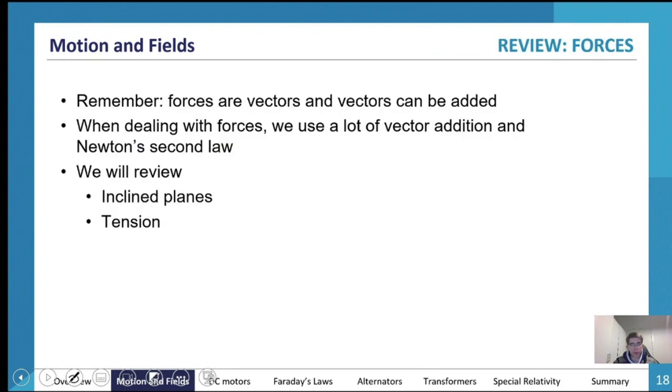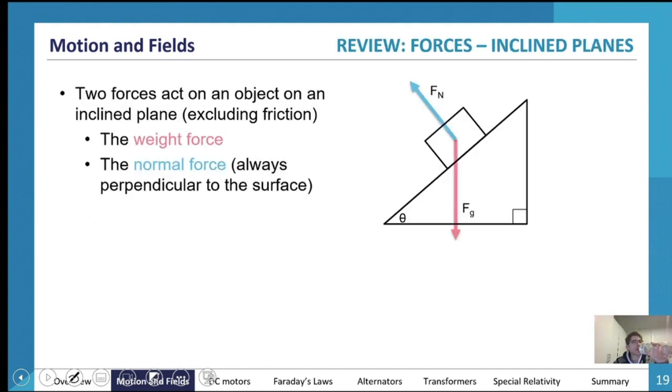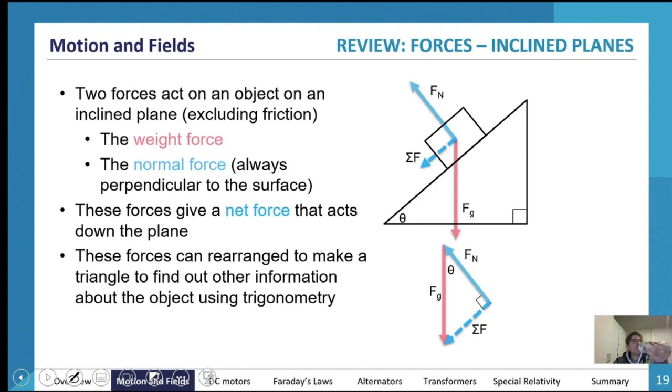But two very important cases that you guys need to remember and that we will review now when it comes to motion questions are inclined planes and tension. When it comes to inclined planes, two forces act on an object on an inclined plane, excluding friction. There is the weight force and the normal force.